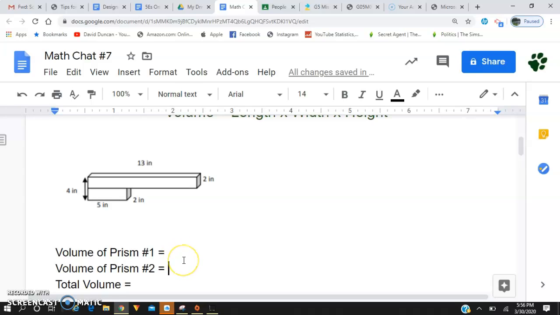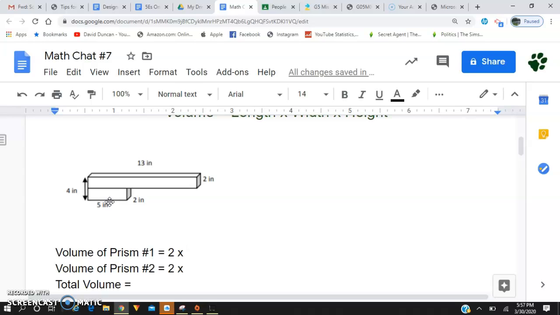I can't just automatically say 4 cut in half is 2 and 2. How do I know that this isn't 3 and that this isn't 1? I know it's 2 and 2 though, because they've already given me the height of this rectangular prism of 2. 2 taken away from the 4 is going to give me the height of this one, which is also 2. So I know the height of each one is going to be 2.